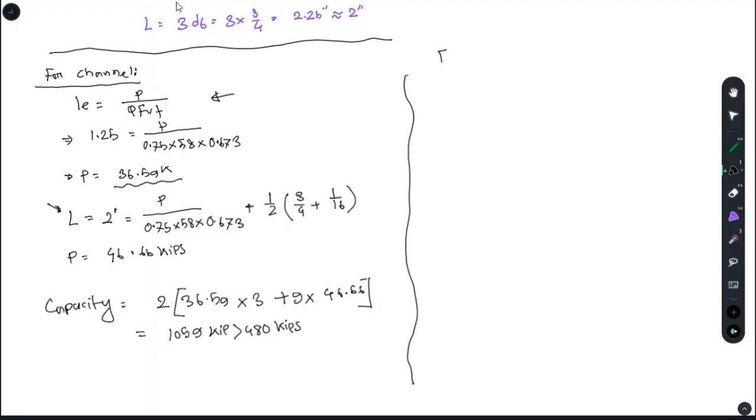Well, we'll do the same check for gusset plate. We do this check so that the connection doesn't fail as a result of tearing out. The edge distance was 1.25, and we'll find out the P value, and we have 0.75. You have the same material, that is 58, and you have a different thickness, that is 1.